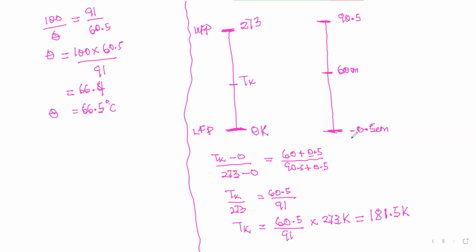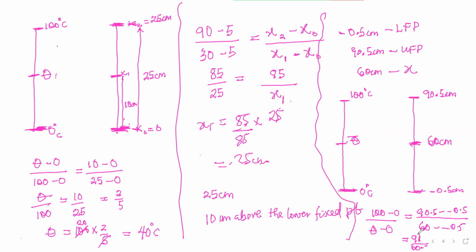Joshua: Sir, please, the question we saw previously, I was confused because I saw a different vertical line at the other scale. Which one?